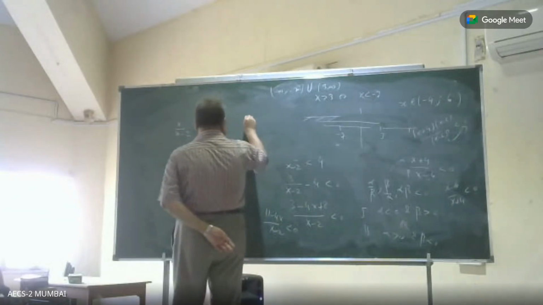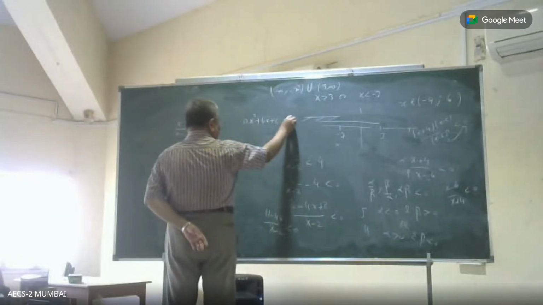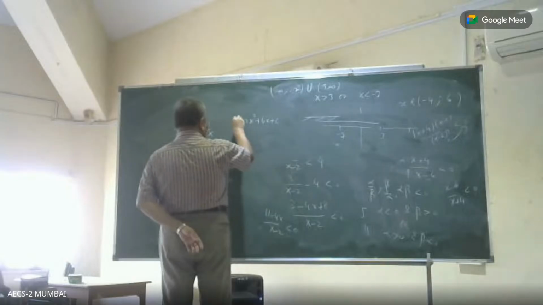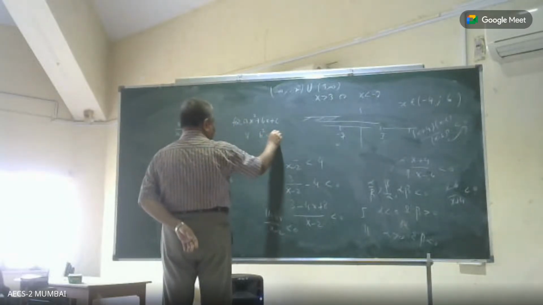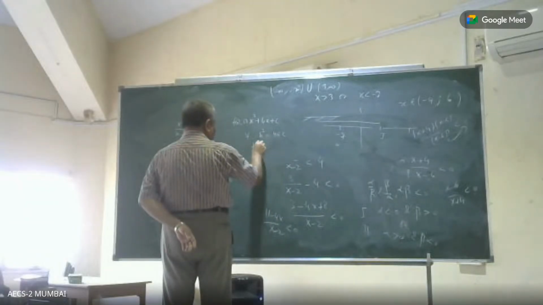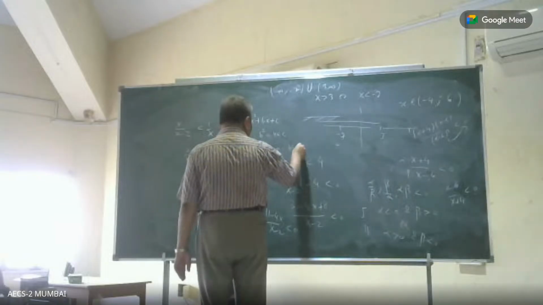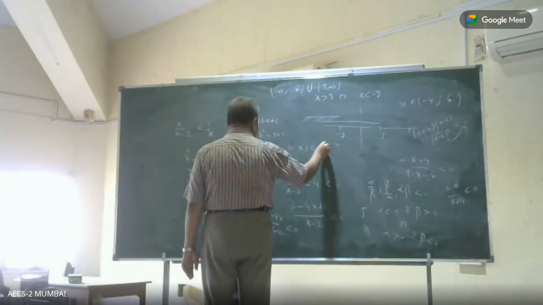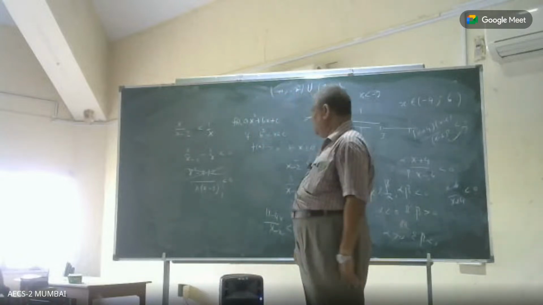It's a great result. Ax square plus bx plus c, f of x, will be positive. Correct? So if b square is less than 4ac, that means f of x will be positive for all real values of x if a is positive. Very important result.